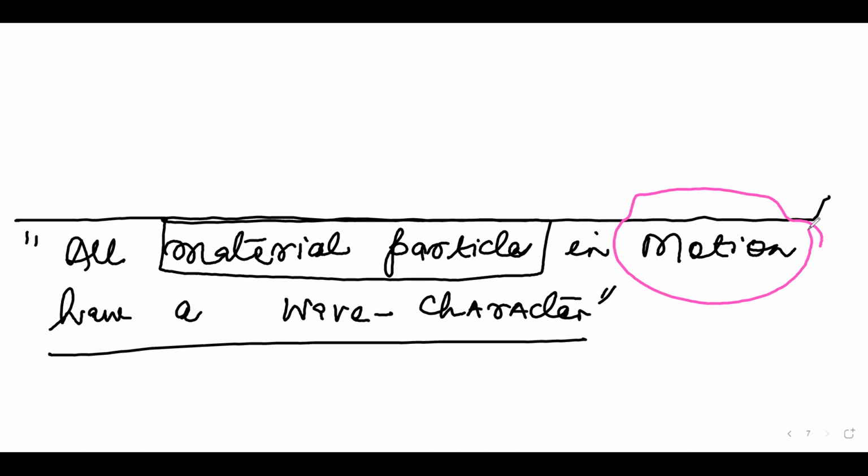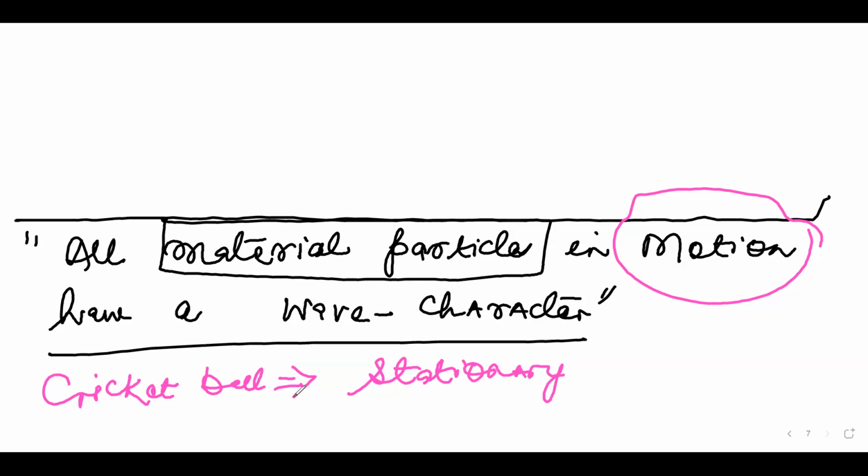अब देखो, a cricket ball, is it a material particle? Yes, sir. अब आपके पास एक क्रिकेट बॉल है. अब अगर वो क्रिकेट बॉल स्टेशनरी है, मोशन में नहीं है, so that cricket ball is only a particle.